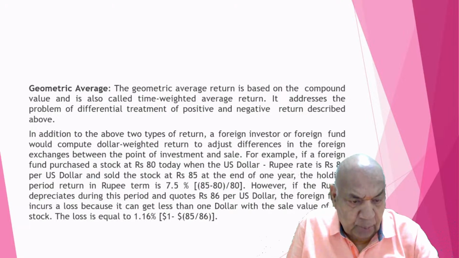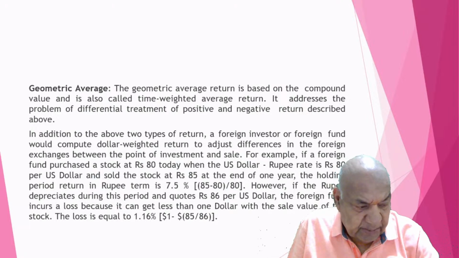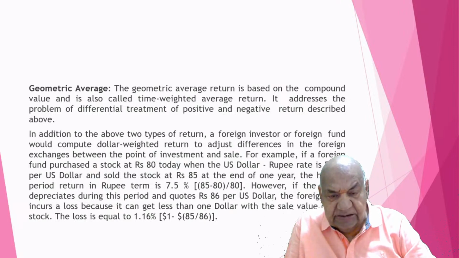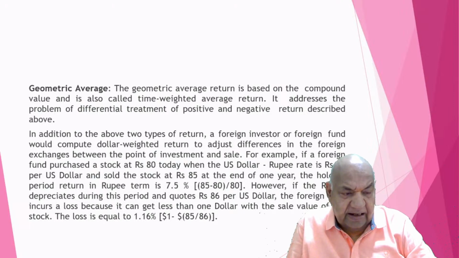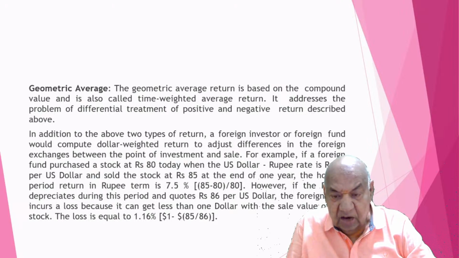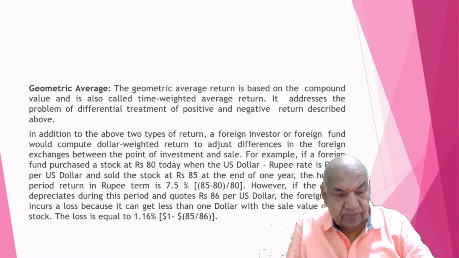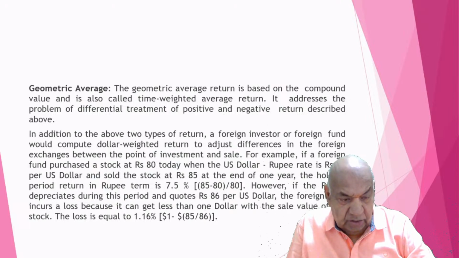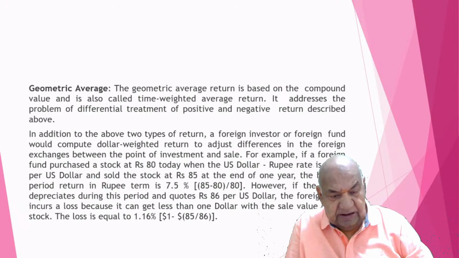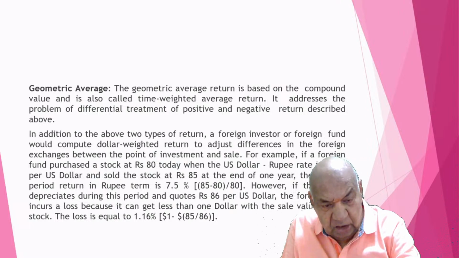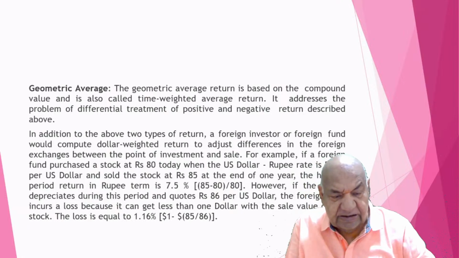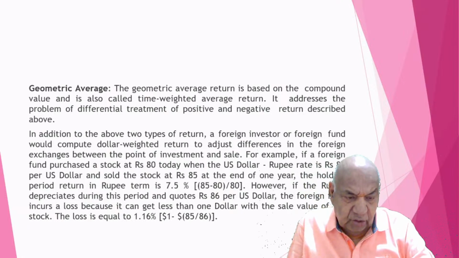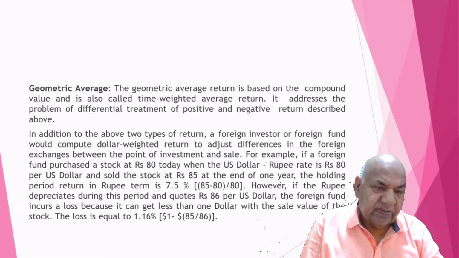However, if the rupee depreciates during this period and quotes rupees 86 per US dollar, the foreign fund incurs a loss because it can get less than $1 with the sale value of the stock. The loss is equal to 1.16%. This is calculated as $1 minus 85 upon 86. It comes to 1.16%.